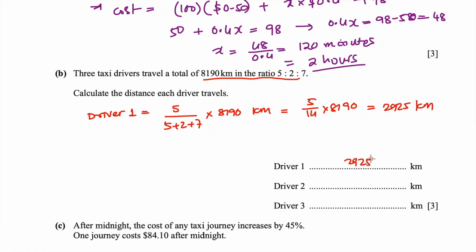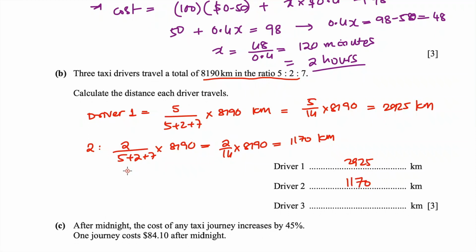And then driver 2, for him his share is 2, so 2 by 5 plus 2 plus 7 into 8190. So this is 2 by 14 into 8190, which is nothing but 1170 kilometers.